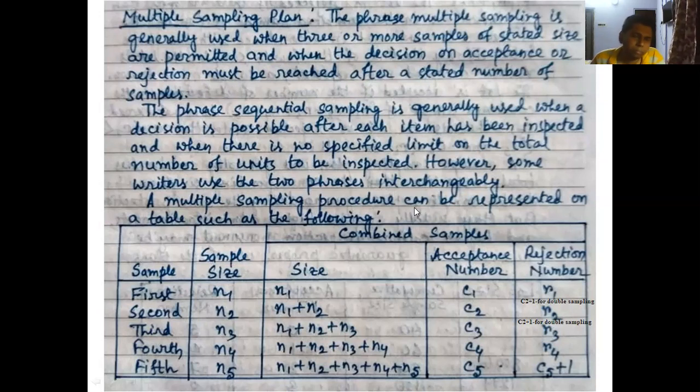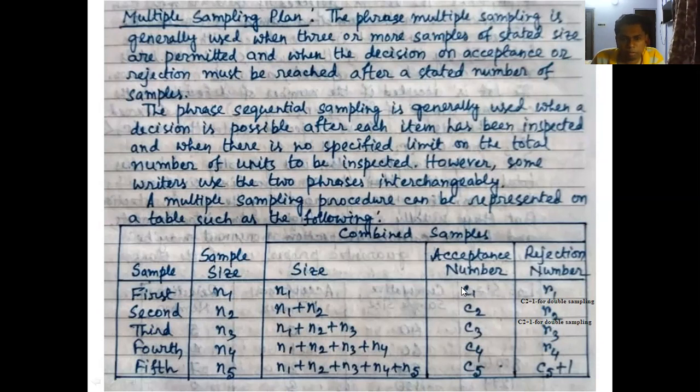So in case of multiple sampling, you might do the tests more than 2 times. Okay, it may be 3, 4, or 5 times you can do the sampling. So first, if the sample size is capital N, you will be taking a small n1 sample, and then the acceptance number is C1.